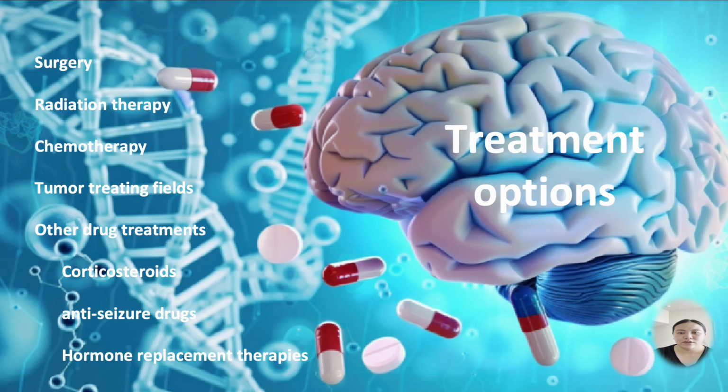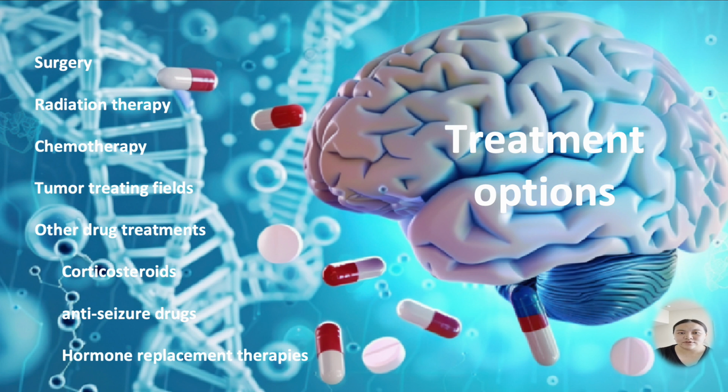Radiation therapy is the use of high energy beams to destroy tumor cells and to stop them from growing. Alongside radiation is chemotherapy, where drugs are used to kill cancer cells and to stop them from dividing. A type of chemo drug is called TMZ, and TMZ is used to kill glioblastomas.